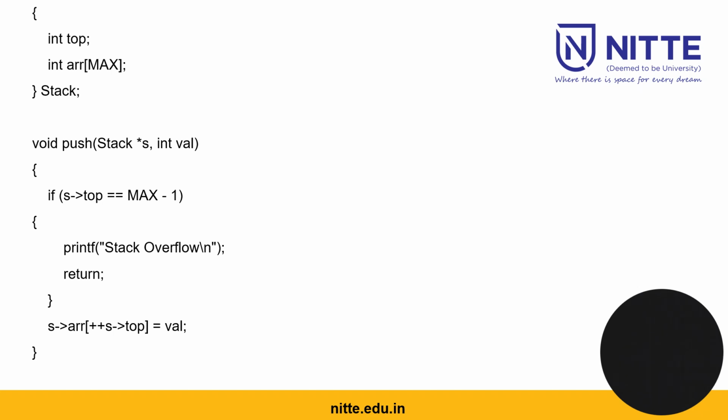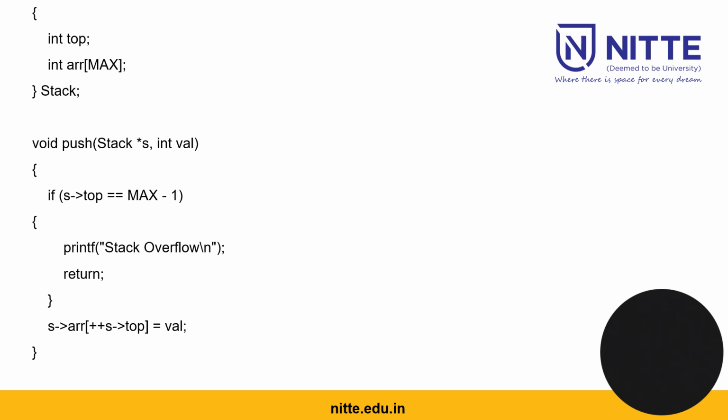Now I will create a stack, and in that stack I will declare a variable int top. Why do I write this top? Because top will always point to the top element of the stack. To point that I need the variable top. Next I will create an array of size max.